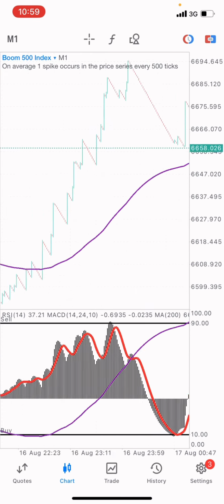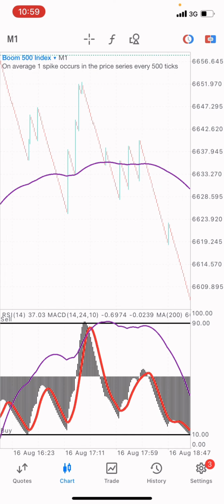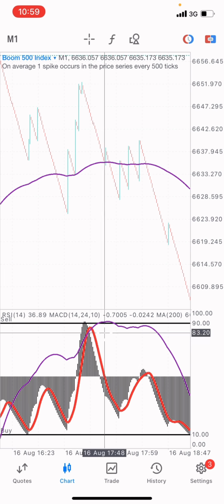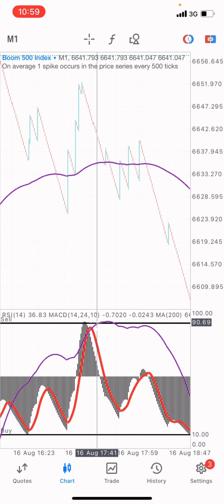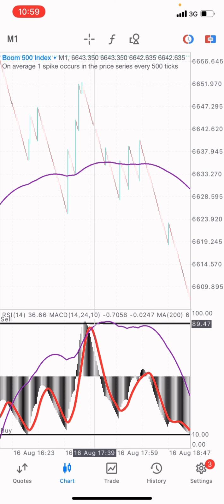Now let's check here, the previous trend of the market, so that you can see that it works and the spike does not come in between the level of 90. Okay, take a look at this point, for example. All right, here is the overbought, the level of 90.